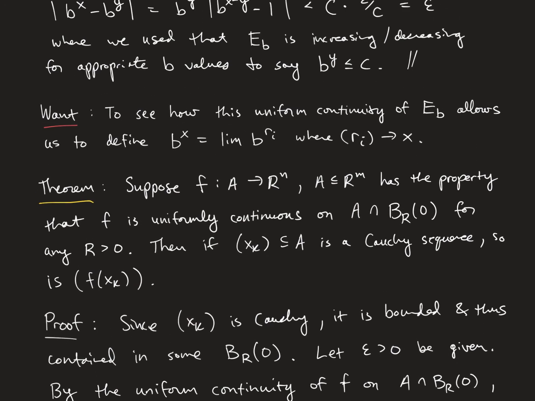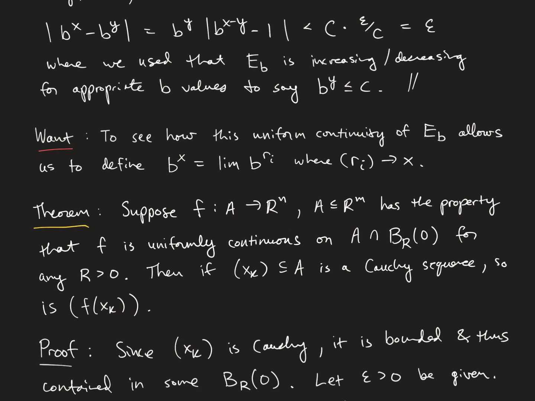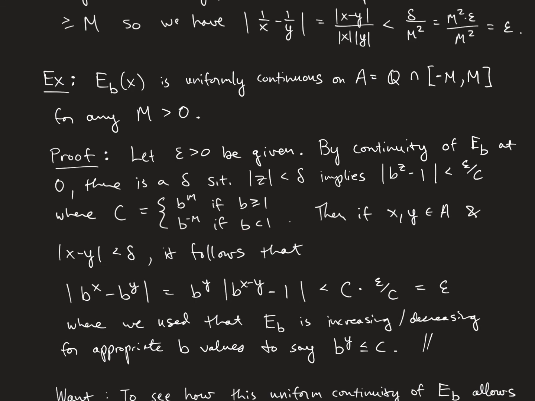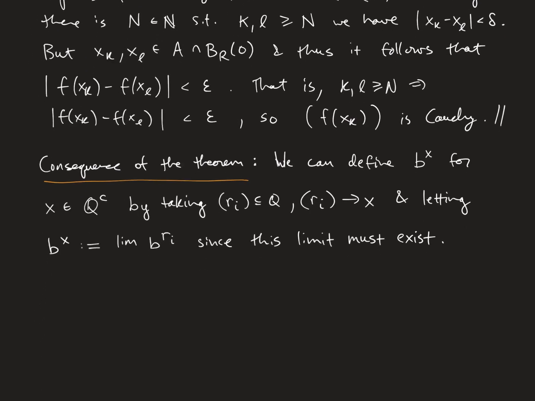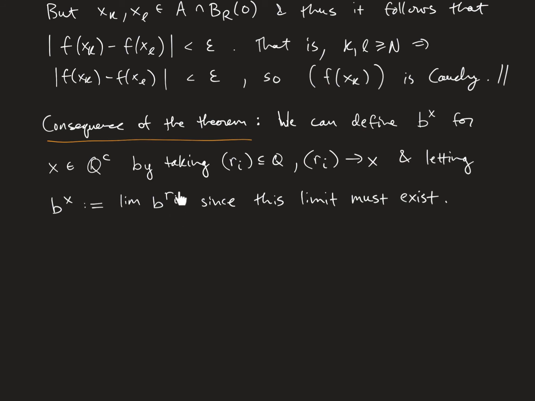So we take Q and intersect with that, we have uniform continuity, and so by the theorem, our function has to take Cauchy sequences to Cauchy sequences. And so our b to the ri is a Cauchy sequence, so it converges, has a limit, and that can serve as the definition of b to the x.